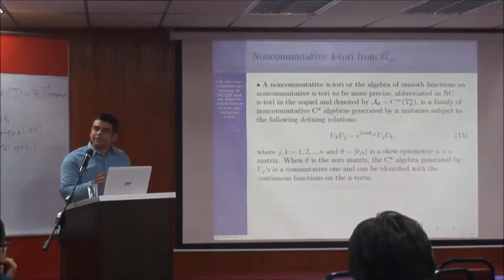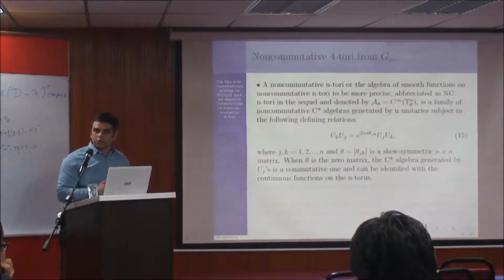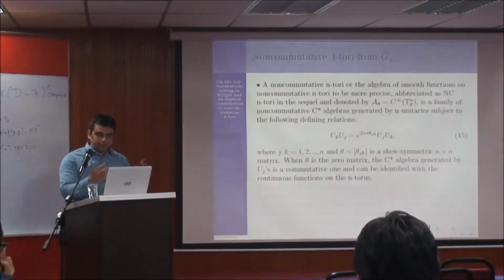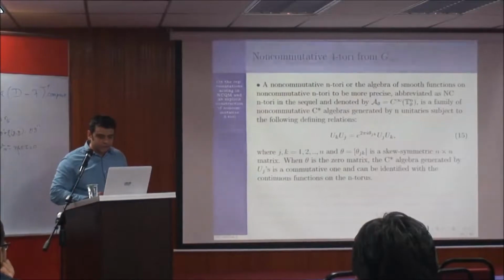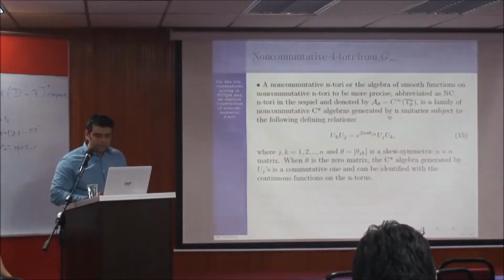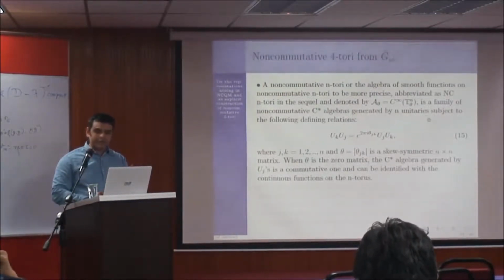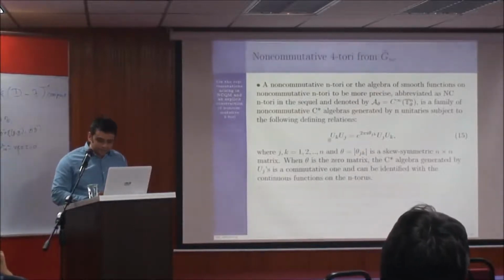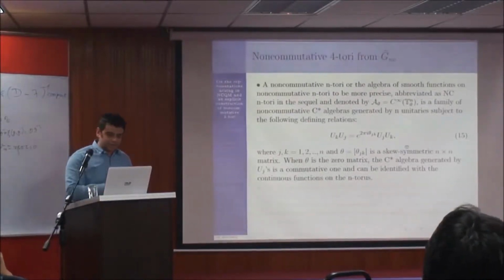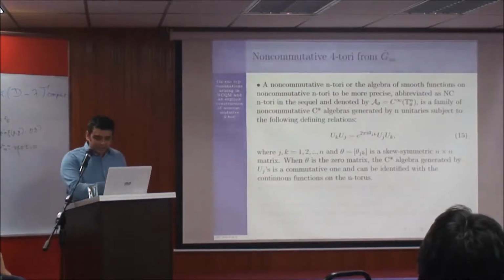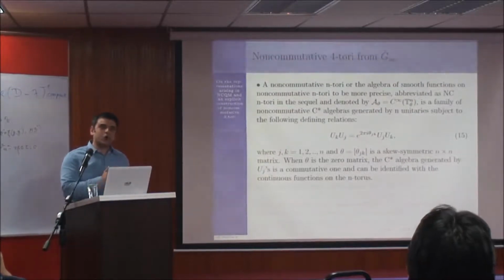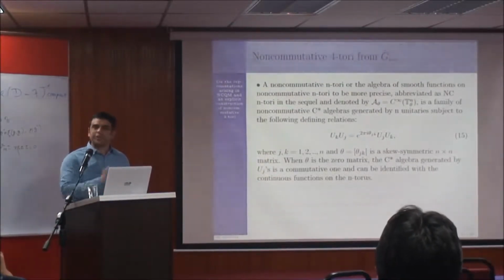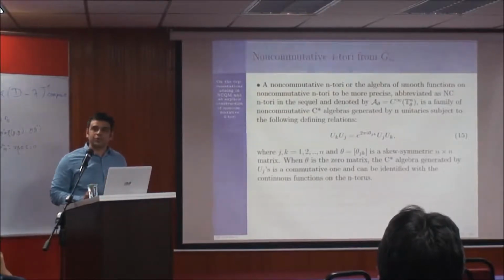But if you vary theta, you will get a family of non-commutative C-star algebras. All these comprise the non-commutative n tori. These algebras are generated by n unitaries which satisfy these relations. Very simple. You have n unitaries and they satisfy this relation, and you take the enveloping C-star algebra generated by these unitaries. That's your non-commutative n tori.